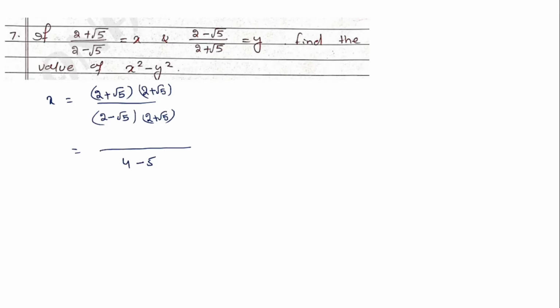Here is 2 plus root 5 whole square. Whole square means a square plus b square plus 2ab, that is 4 plus 5 plus 4 root 5. So 5 plus 4 is 9 plus 4 root 5 divided by minus 1.